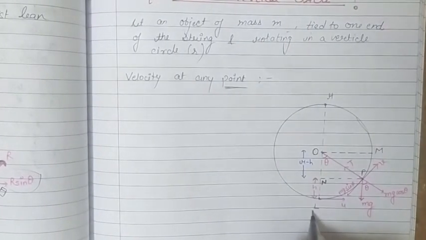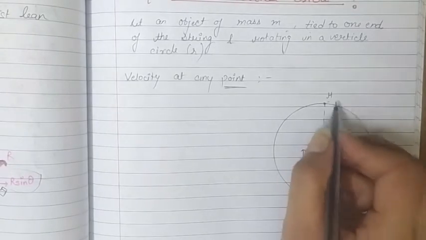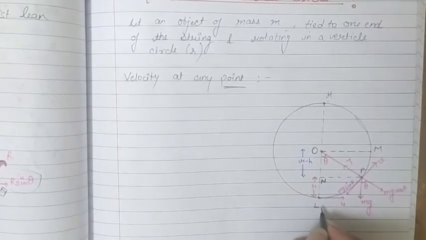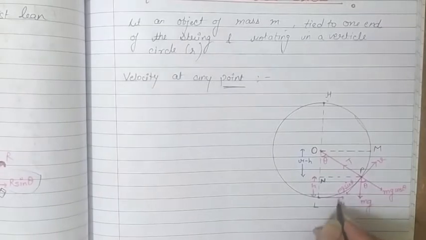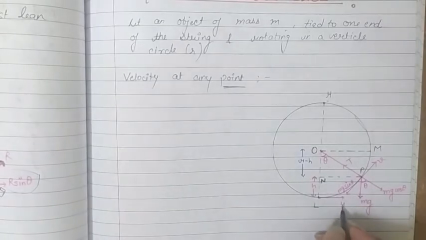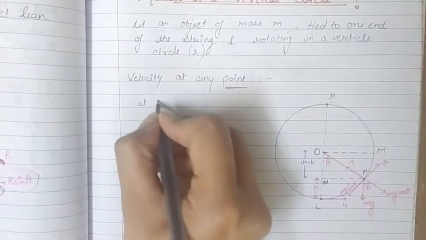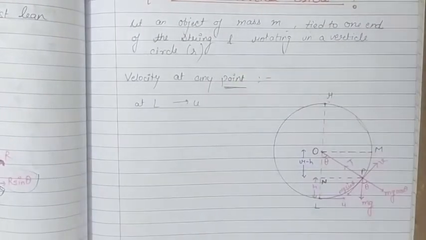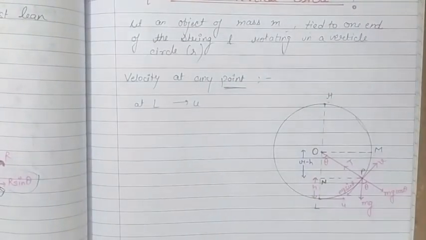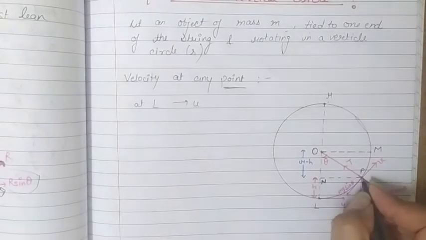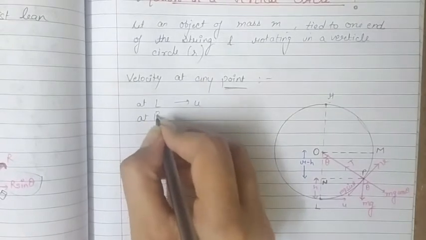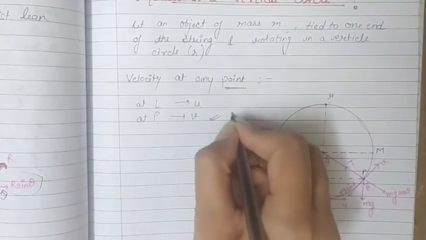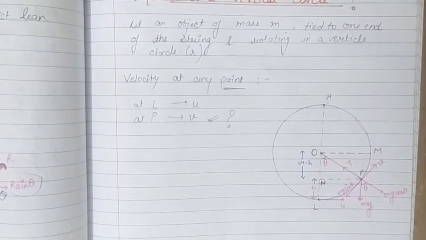This is the lowest point, capital L, and this is the highest point, capital H. So to find the velocity at any point, we assume that the body passes through the lowest point with velocity u. So u is the velocity at lowest point L, and through that it starts moving and it comes to any point capital P, and at that point P its velocity is v. Now we have to find this velocity v.